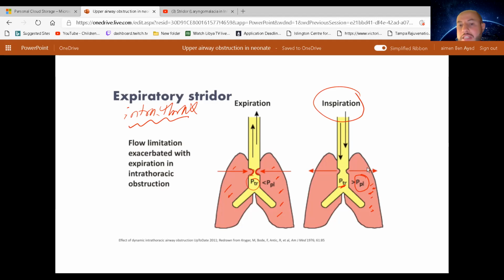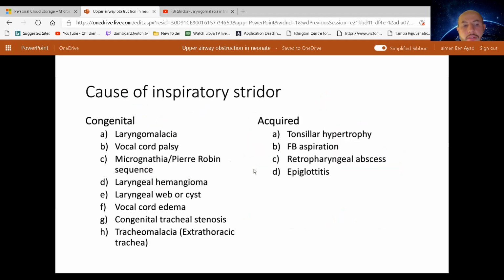During inspiration there is bronchodilation, versus in expiration there is bronchoconstriction, and that's why the stridor occurs during the expiratory phase. Let's go.